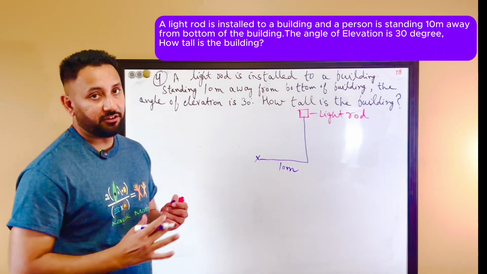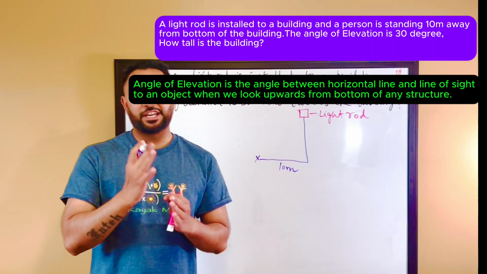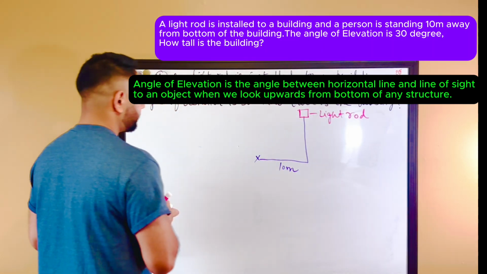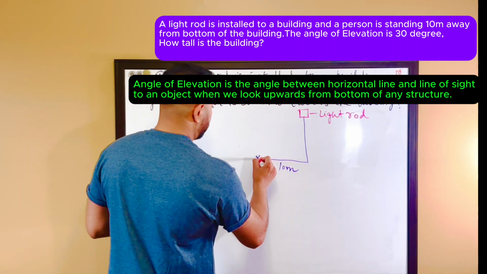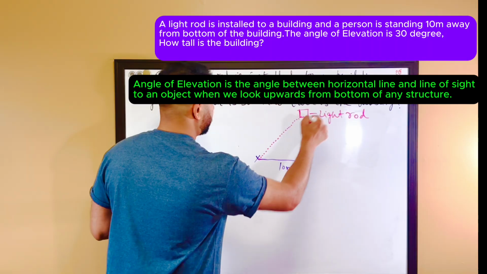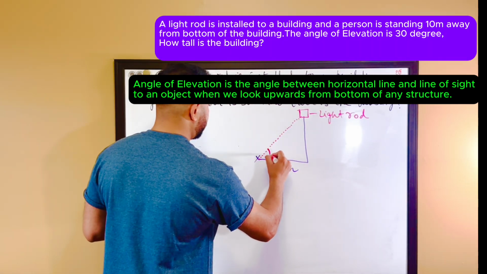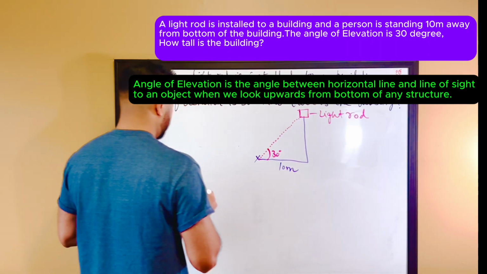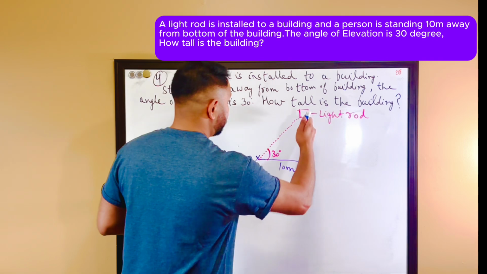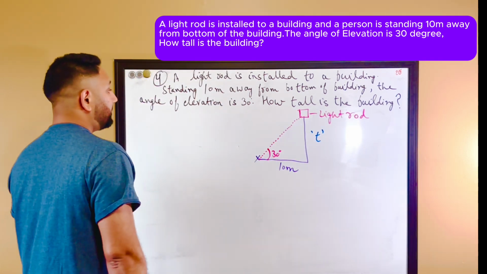So what is angle of elevation? Angle of elevation is the angle between the horizontal line and the line of sight to an object when we look upwards. So let's say this is the line of sight to the object, to the light rod, and the angle of elevation is 30 degree. So let's say this is the height of the building that we need to find out.